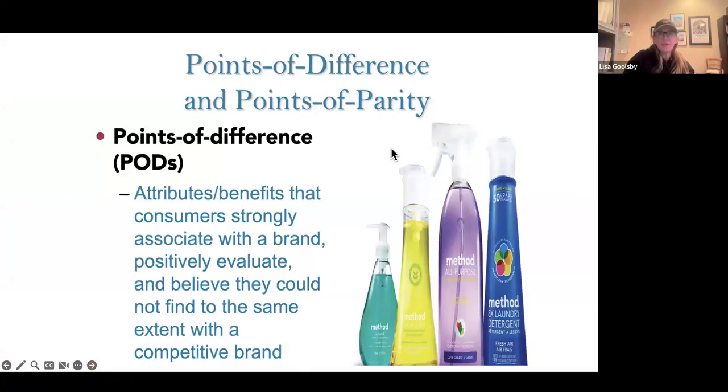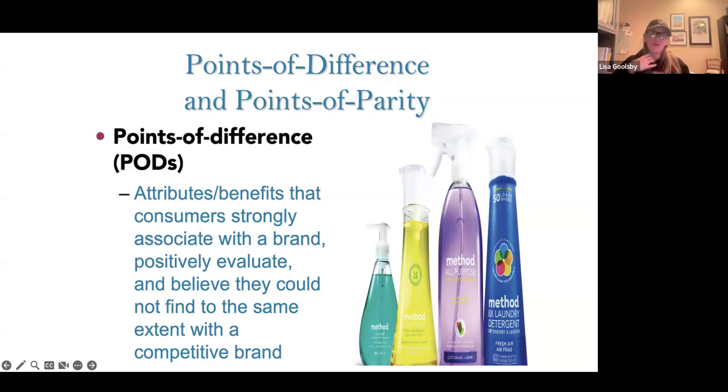When we look at building brands and consider those different brand names that we looked at on that other slide, brands have what we call points of parity and points of differentiation. The points of difference are the attributes or benefits. Remember in our first assignment for Refresh, Unit 1, where we talked about attributes and benefits.